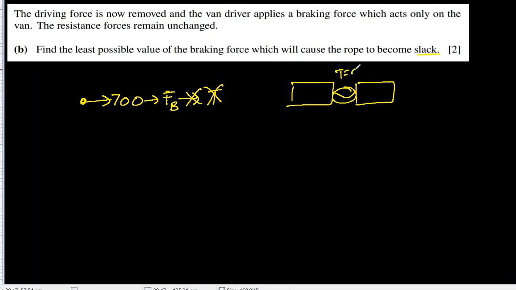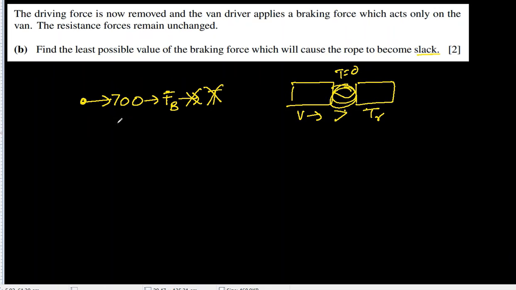Tension equals 0. It also means that the deceleration of the van will be more than the deceleration of the trailer. So the minimum force, they're saying we need the least possible force, that means we'll make them equal, and then that is the force when it'll start slacking.